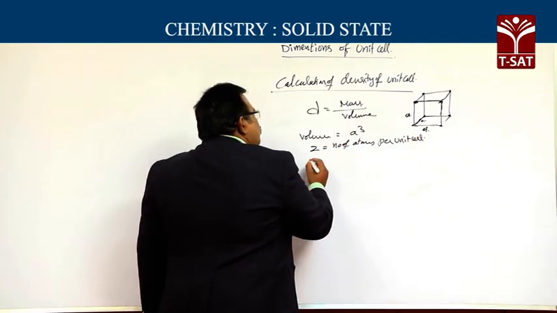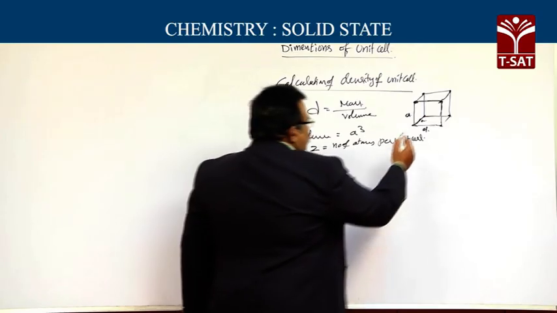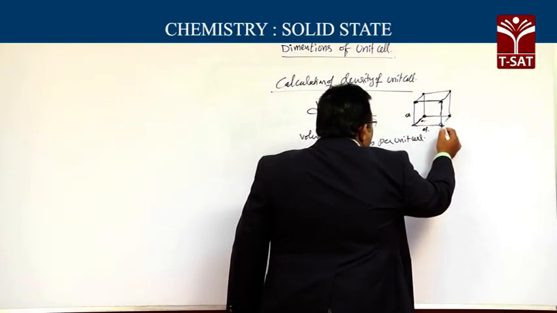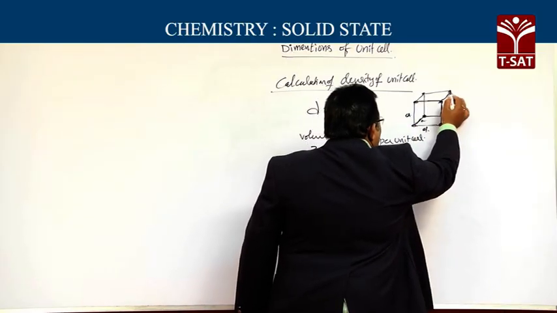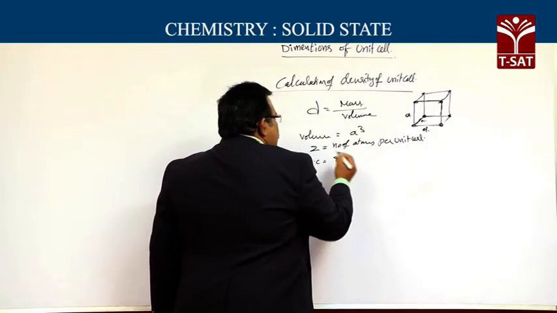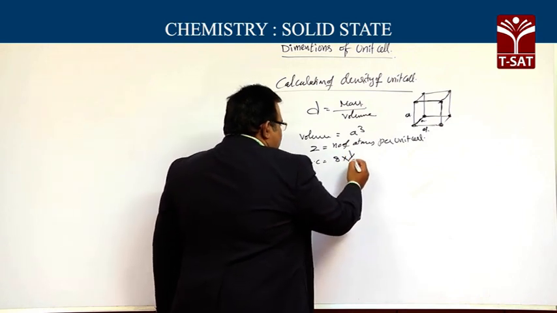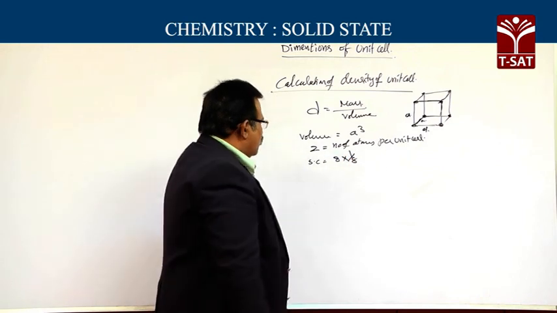If it is a primitive or simple cubic unit cell, only spheres at corners are present. So, 8 corners are present in a cube. The contribution of sphere in each corner is 1 by 8.